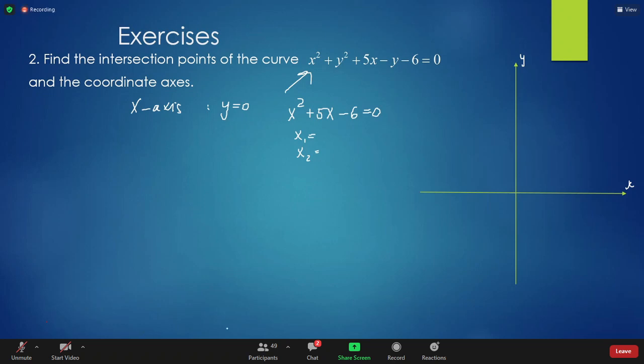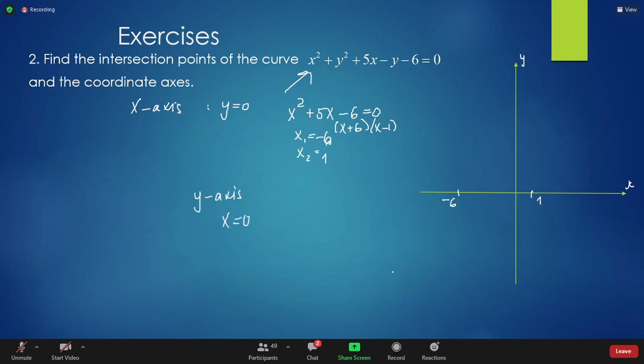And now, with the y-axis, we know that on y-axis, x equals 0. So we can now put x equals 0 in the original equation and see y squared minus y minus 6 is 0.